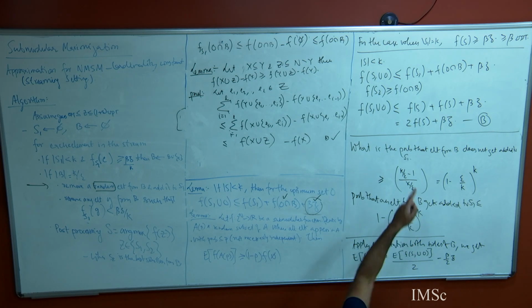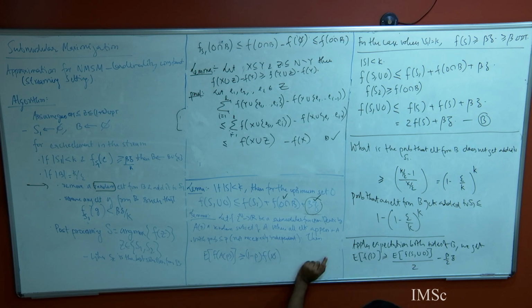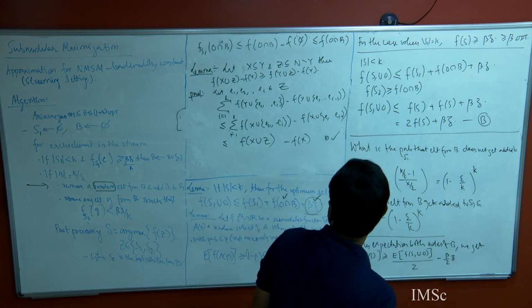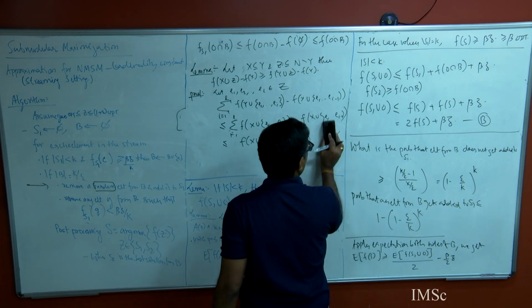I just took that quantity, moved everything to the other side and divided by 2, so it comes out like this. Now I want to get a lower bound on this quantity using this formula. Okay, so let's see, what are we able to get?